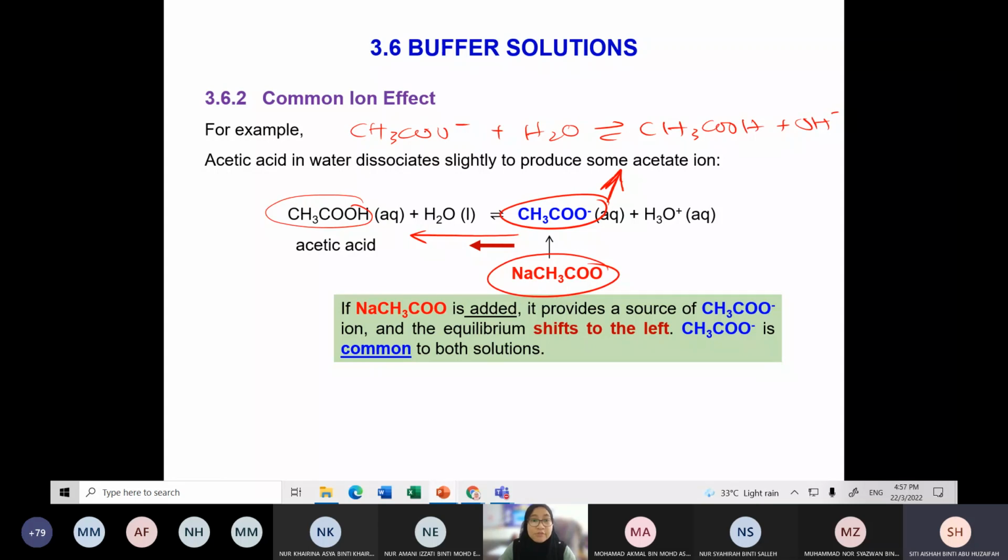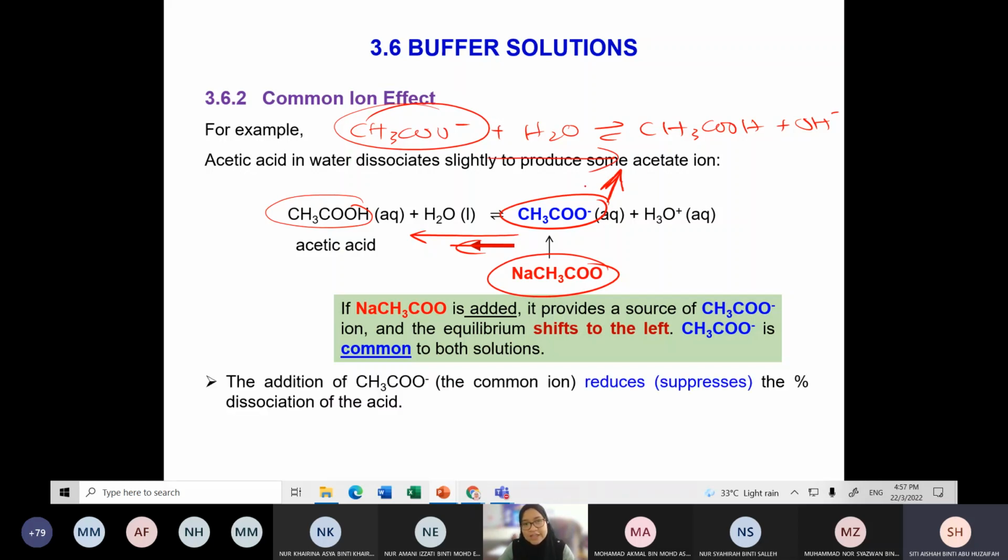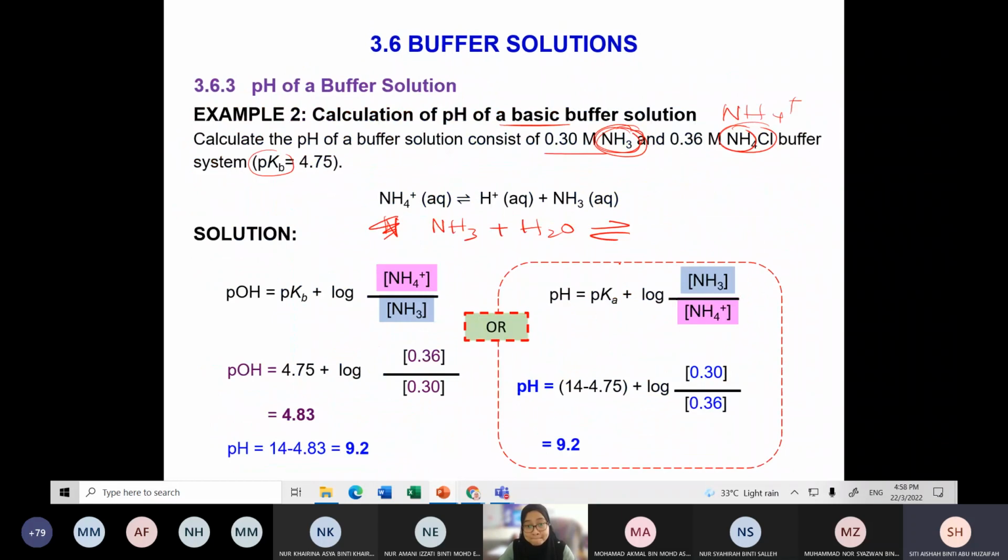This is the conjugate base, right? So it can be the reactant. It can, the other way round. So you decide which one you want as your equation of reference. But based on our slides here, we use the weak one as our equation of reference. Because if you use this one, the direction will be opposite. If this goes to the left, this will go to the right. So this is what happens here. It's reversed. Okay, don't get confused, you can use both.